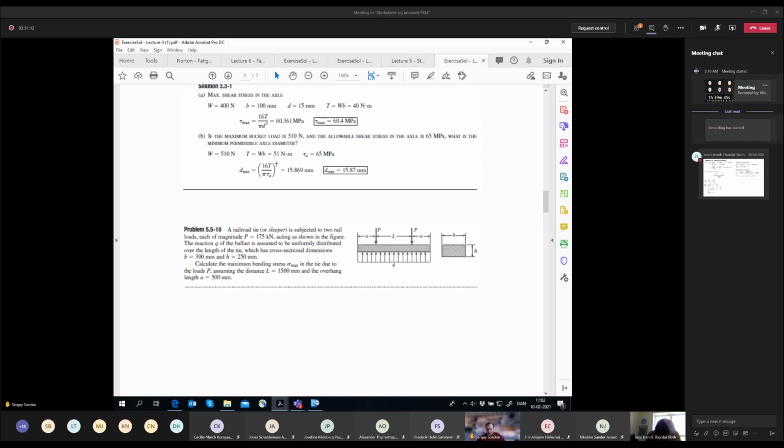You say that you have a sum of the moments around this point, the cross section, the right side.